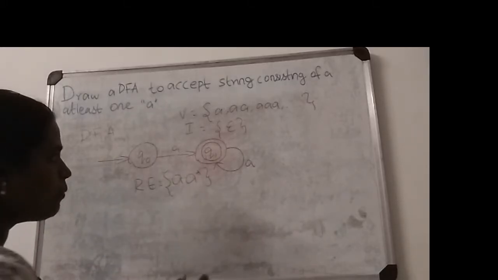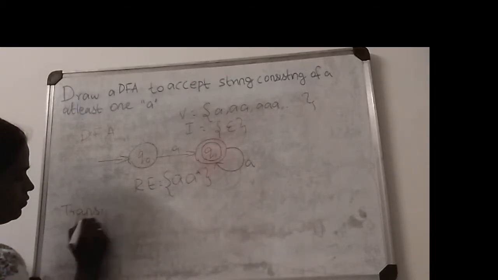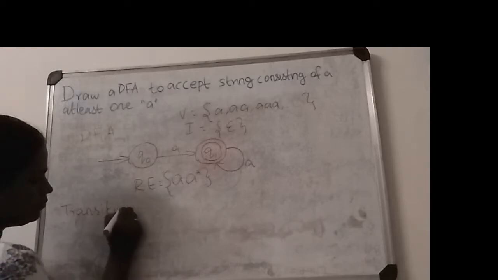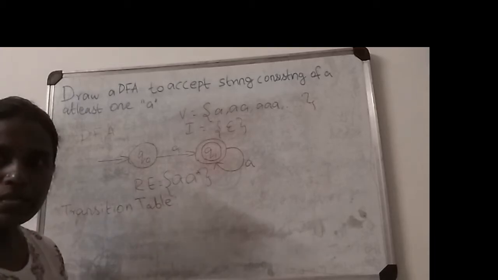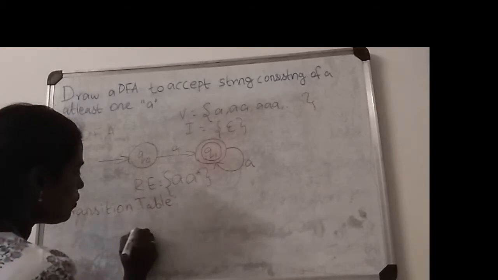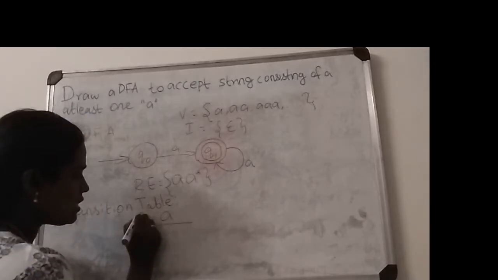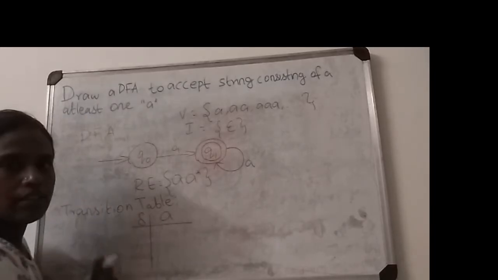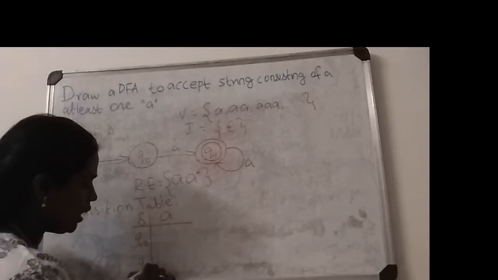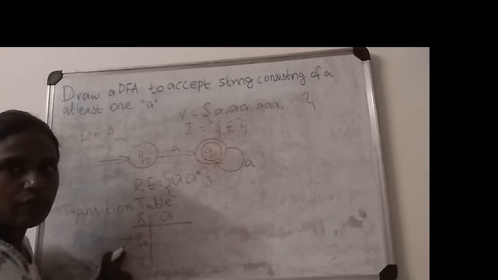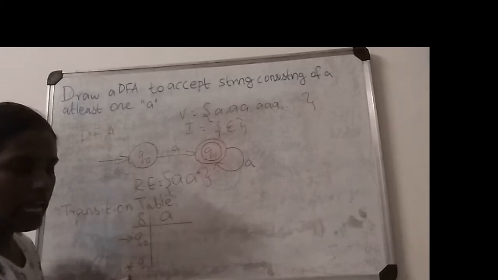Now the transition table. We represent it as rows and columns. The input symbol is A, the transitions are represented by delta, and the states are Q0 and Q1. Q0 is the starting state, represented with an arrow, and Q1 is the ending state, represented with an asterisk.